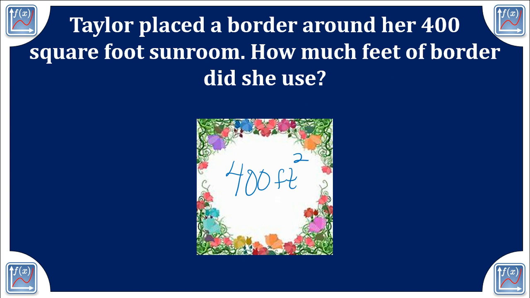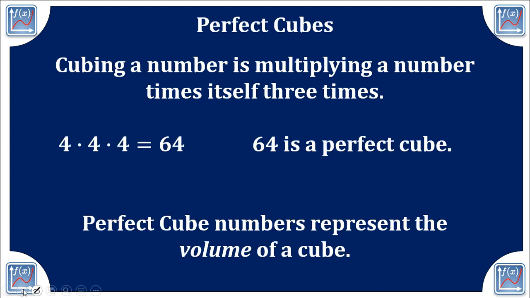To get the side length, we take the square root to get back what each side was, what times what gave the 400, and that's 20 feet. So she has 20 feet of border on all 4 sides. So we're going to say 4 times 20. We'll go ahead and change this back so we can see that a bit better. So the perimeter is going to be 80 feet of border that goes around all 4 sides of her sunroom.